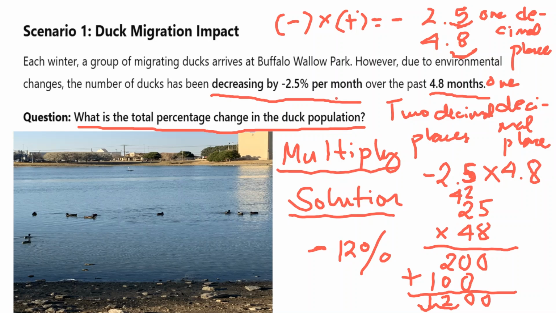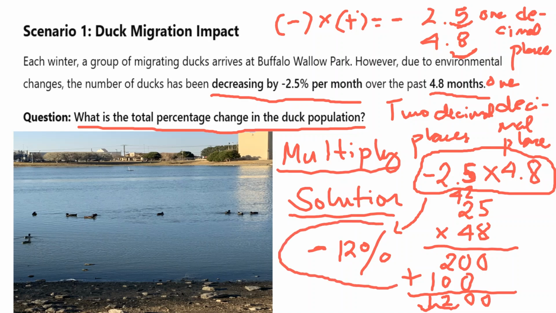Now we can make our conclusion. Let's erase this one. When we multiply negative 2.5 by 4.8, our answer would be, of course, negative 12%.